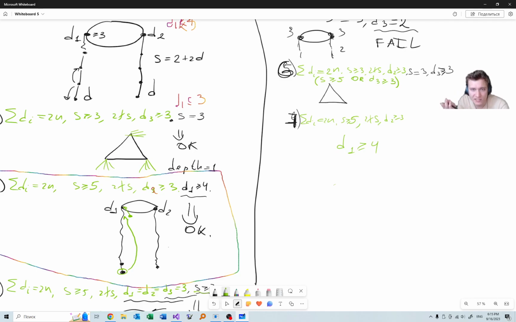And if D1 is at least 4, then no, this is not green, it should be black. D1 is at least 4. In this case, we make this jellyfish.